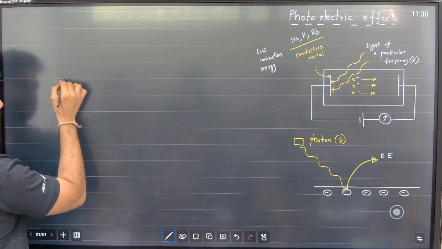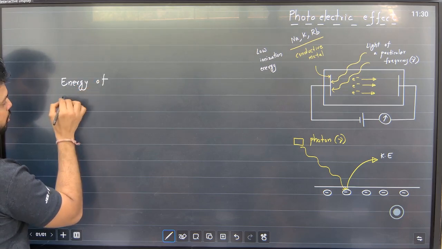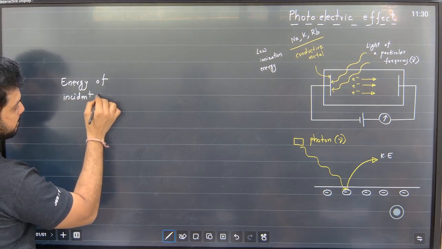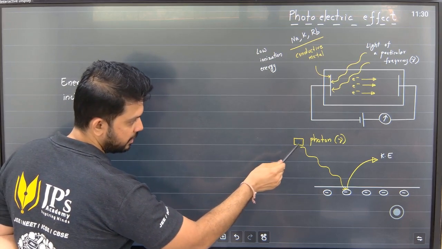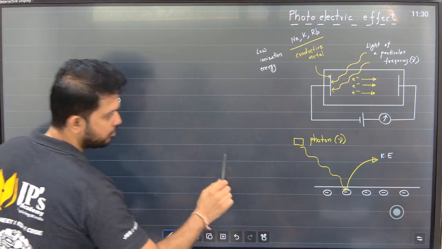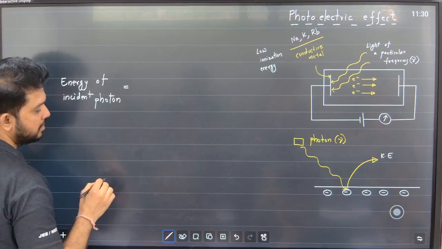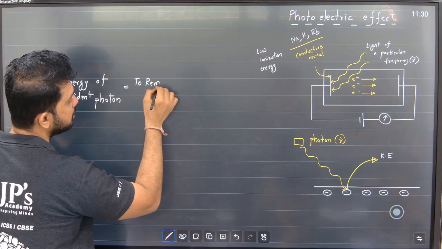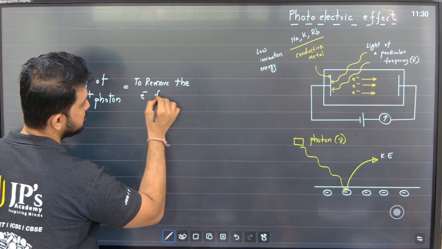Einstein told that the energy of the incident photon, so we're talking about the photon, is used for 2 purposes. The first purpose is to remove the electron from the surface of the metal.